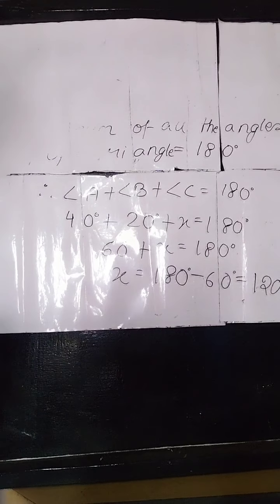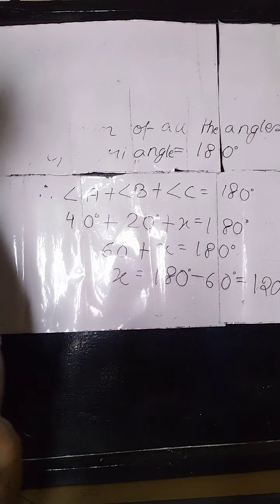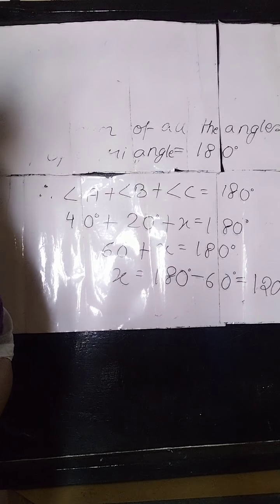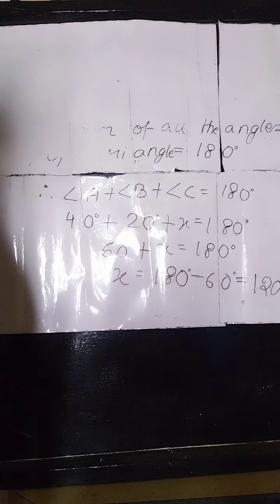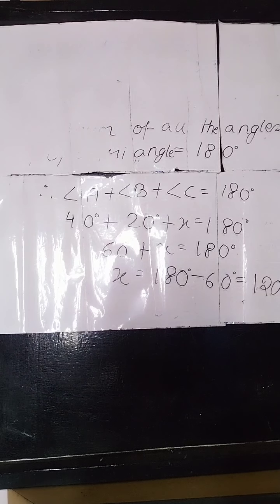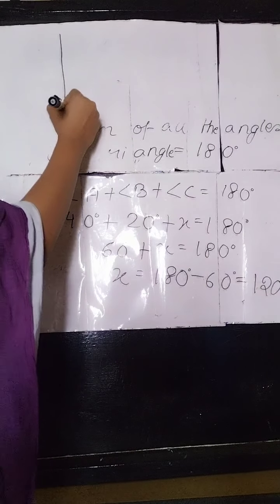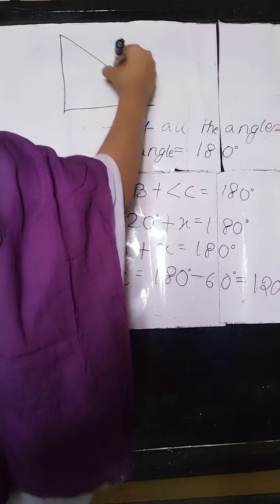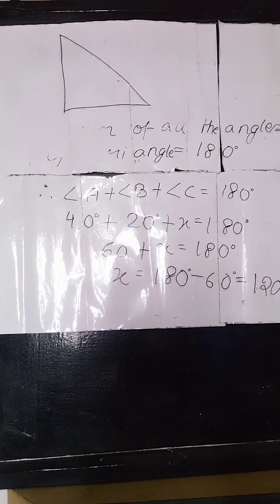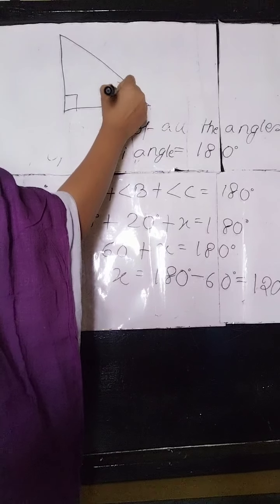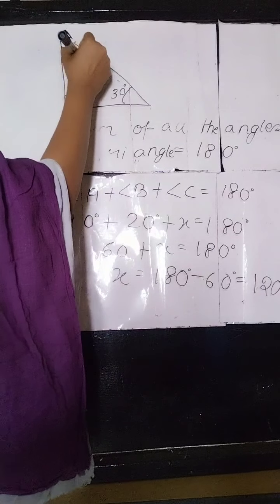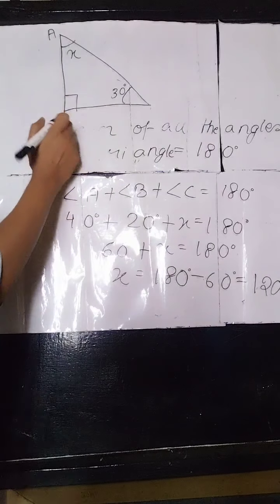In the third sum, the figure is given like a right angle triangle, and here also it is given that this one is 30 degree and this one is x. You have to find the value of A, the missing angle x.